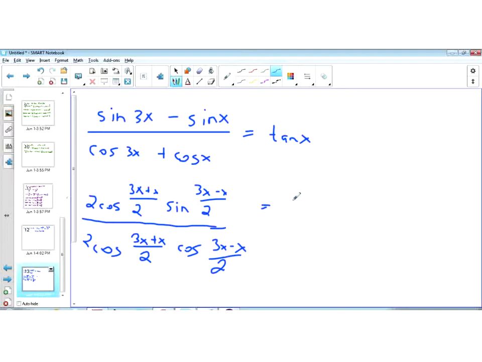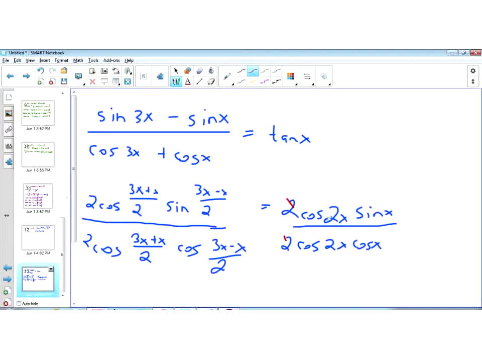Okay, and so after simplifying, that would be 2 cosine 2x sine x, divided by 2 cosine 2x times the cosine of x.